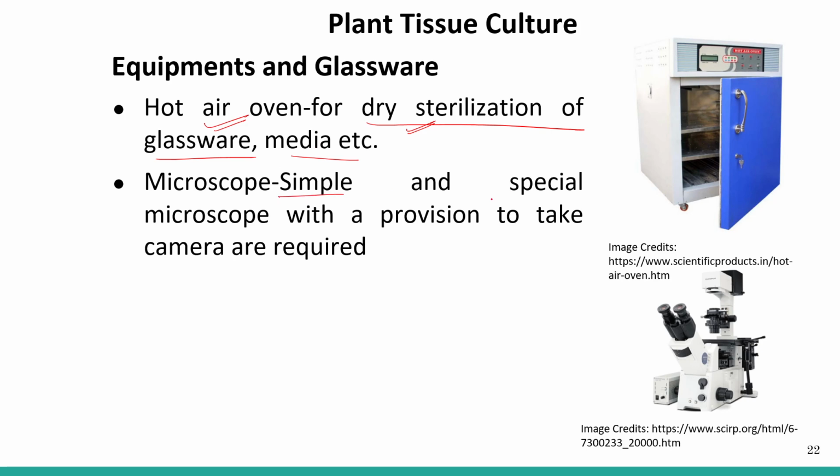Microscope, simple and the special microscope with the provision to take the camera, are required. So a camera should be fitted in that so that we could see the cell or the tissue inside with the help of the microscope. So this is a type of microscope which we require in plant tissue culture.